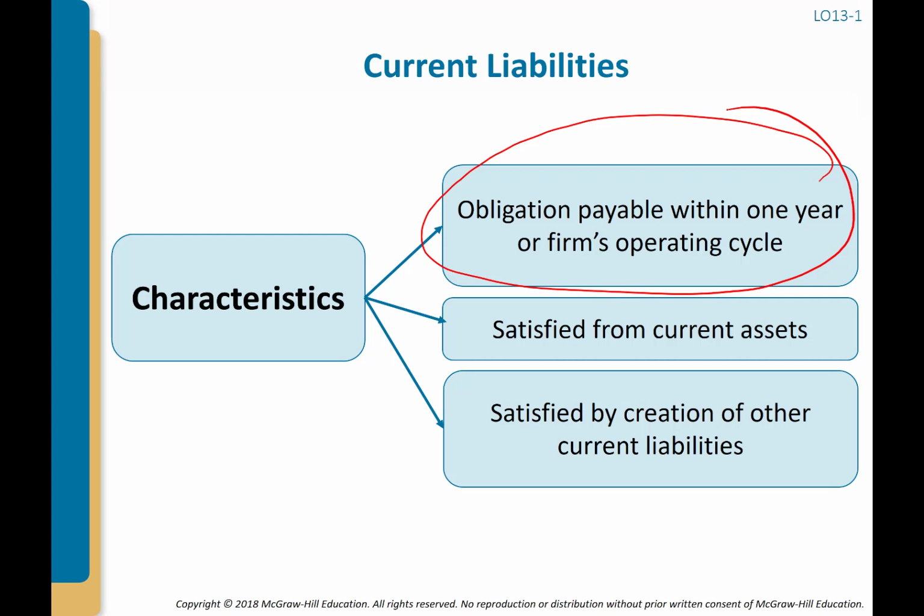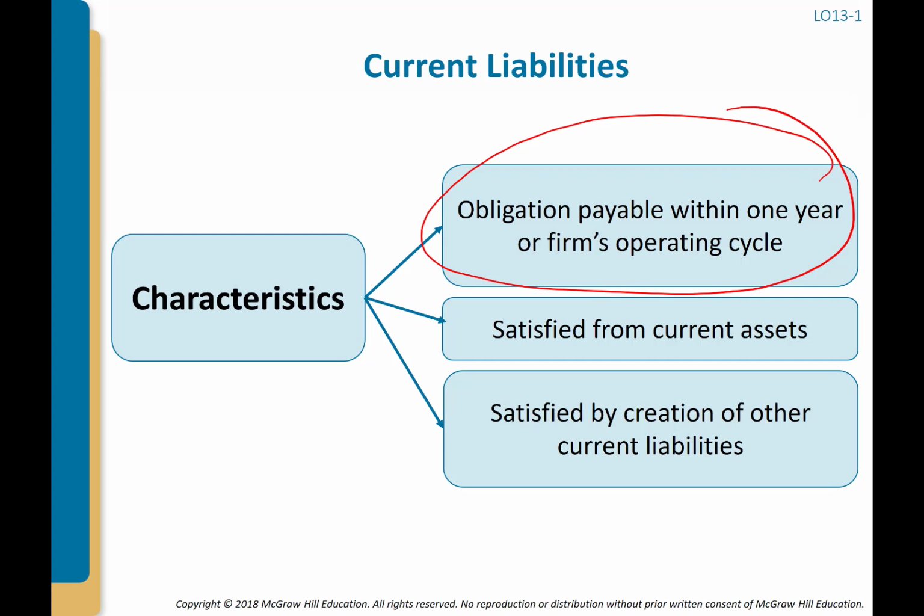Now, that's our general 1 year rule of thumb approach, but we also have this issue of the operating cycle, whichever is longer. An operating cycle, basically speaking, is how long it takes us to turn our inventory into cash. If we're talking about a sushi restaurant, how long should it take them to turn their inventory to cash? A day, maybe two. Certainly not a year. So a current liability would be one that would be used up in a year, because 1 year is longer than the operating cycle of, say, a sushi restaurant.